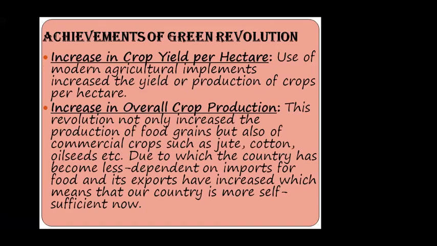This revolution not only increased the production of food grains, but also of commercial crops such as jute, cotton, oilseeds, etc., due to which the country has become less dependent on imports for food and its exports have increased, which means that our country became more self-sufficient.